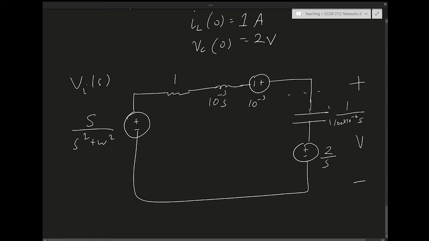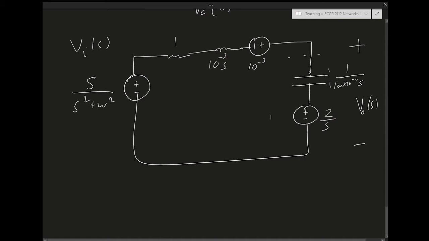So this is going to be VOS in the S domain. Remember, because those 2 elements are put in instead of the capacitor, right? Okay, and we're ready now to solve the circuit.